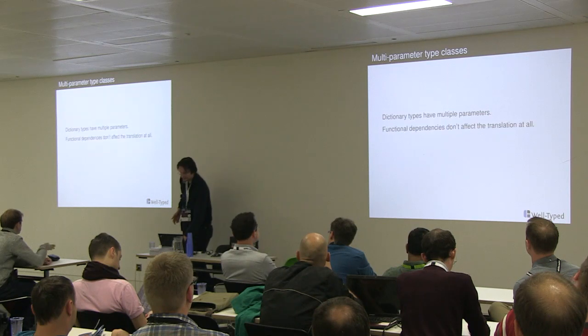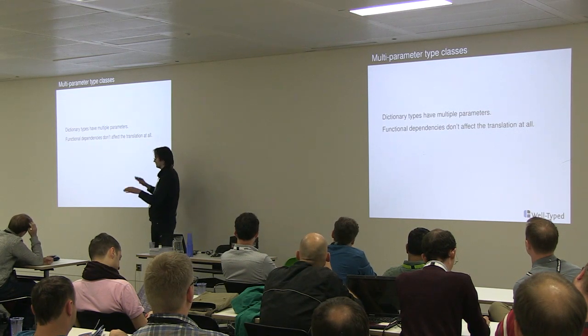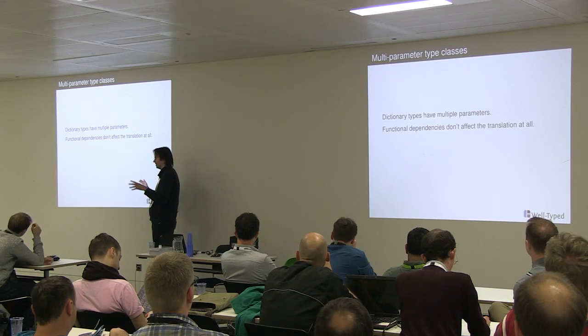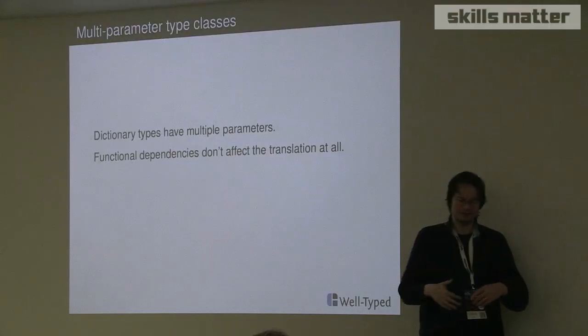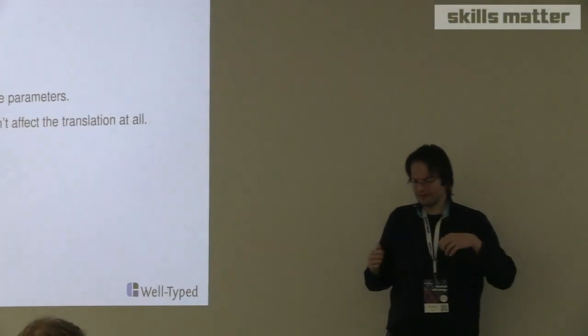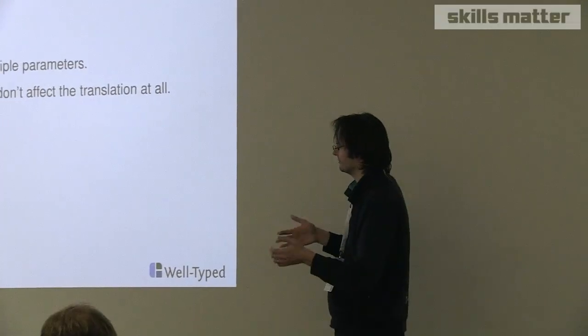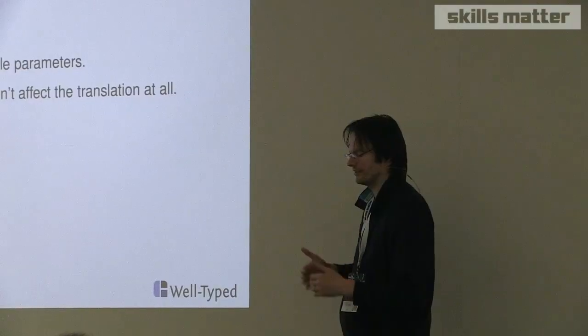And the instance resolution becomes a bit more tricky because you suddenly have class constraints with multiple parameters, and they may decrease at different levels. Reasoning about, for example, whether applying instances in a row all terminates becomes much more difficult to judge. But in terms of the dictionary translation, it doesn't really change anything.